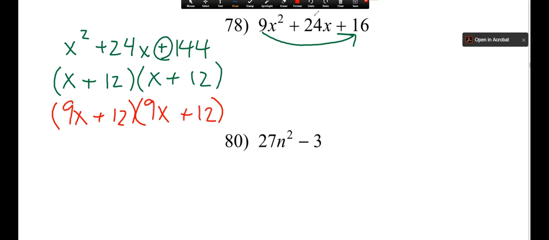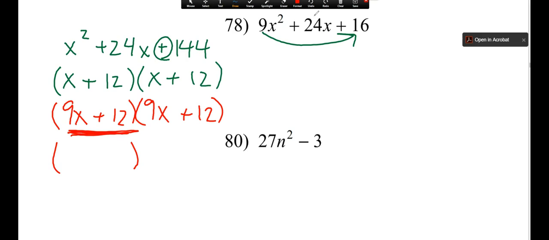So you tell me, when I pull the GCF out of the first one, what am I left with? Out of the one in the green or the black? In the red. Oh, okay. We write this factor 9x plus 12. It looks like I can pull a 3 out of it.